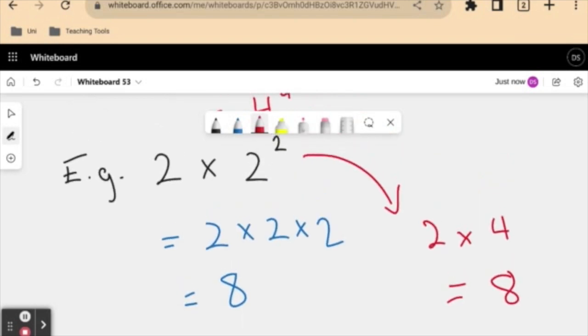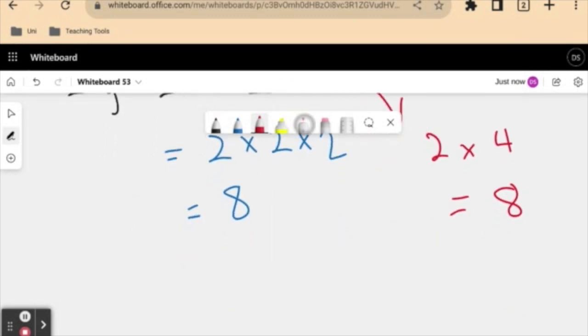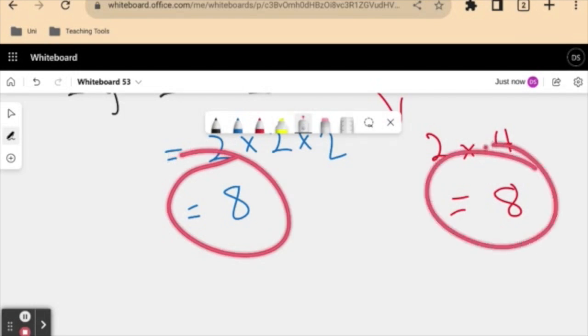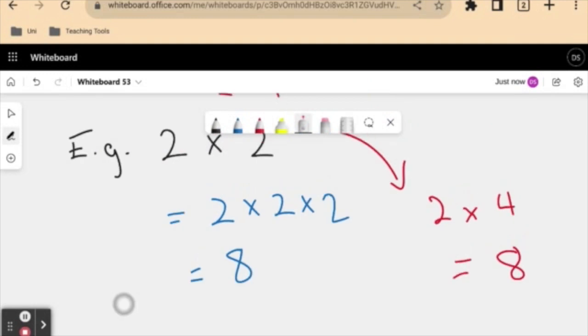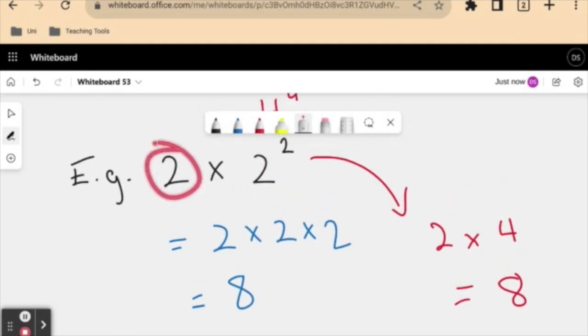But let's actually write each of these, our 8, as our base number, because that is prevalent here.